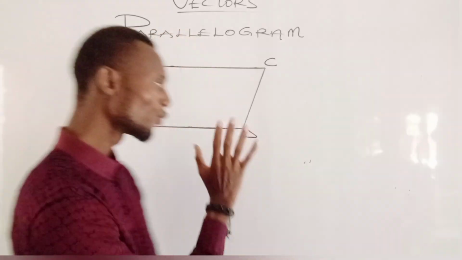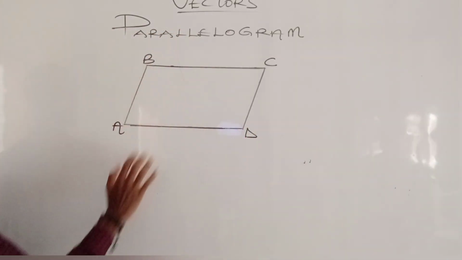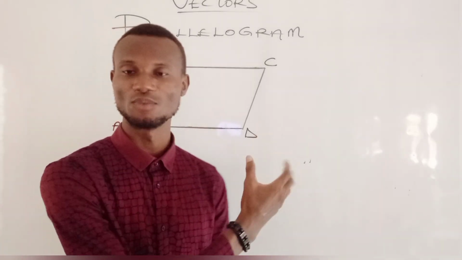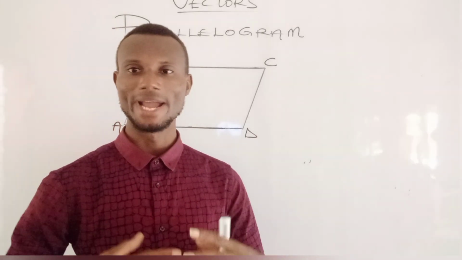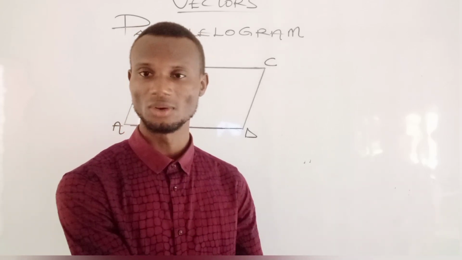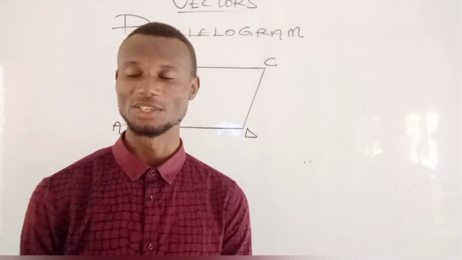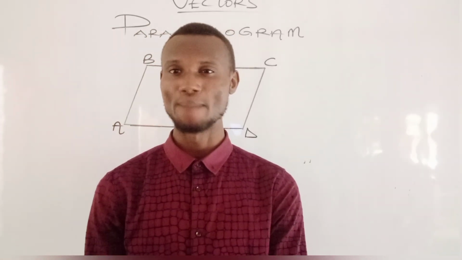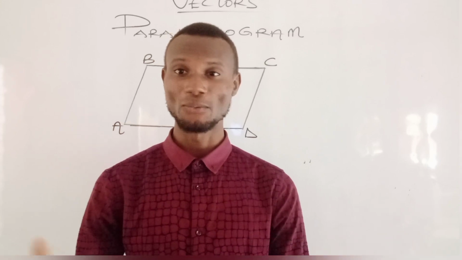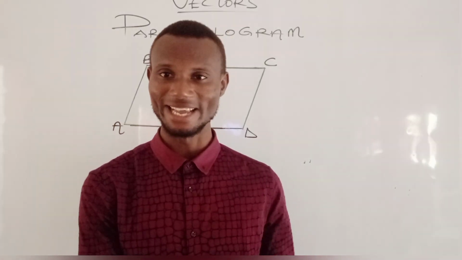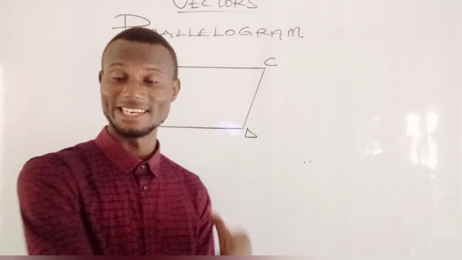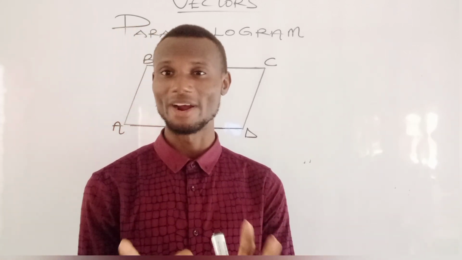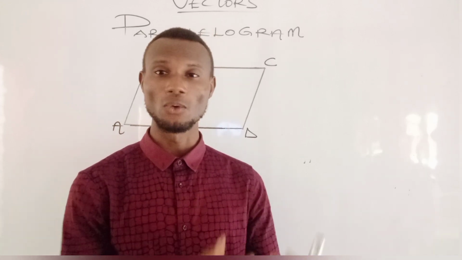Okay, so now we are going to indicate our arrows on the parallelogram, and since this is just an illustration, you will choose which direction you want to move in. When we start solving questions, the nature of the question will determine which direction you are supposed to move in. But in this case we are using this as an illustration to derive the vector laws that govern a parallelogram, so we are going to choose our own direction.